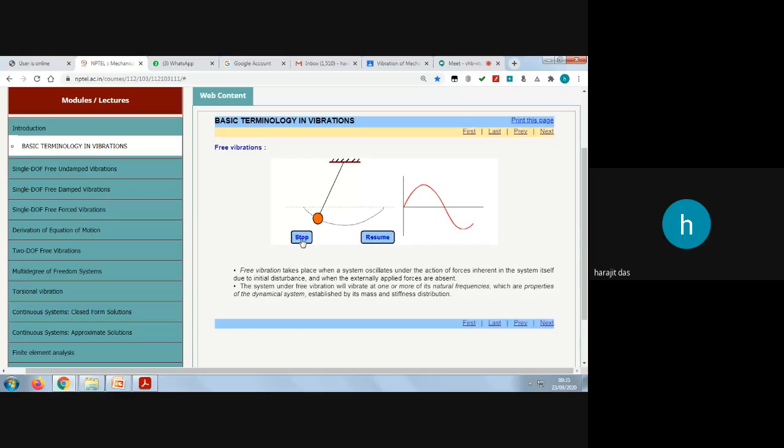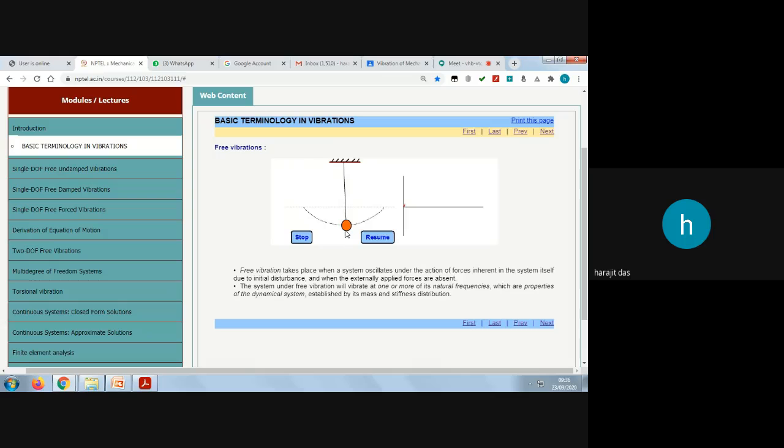So here you can see, this is the equilibrium position.